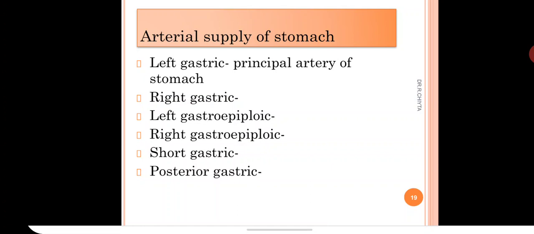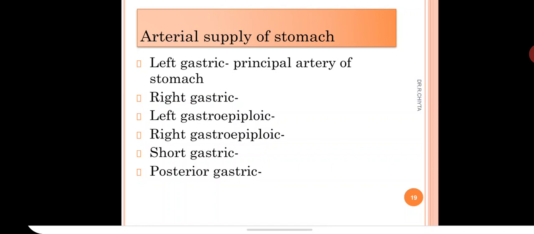The following arteries supply the stomach: left gastric, right gastric, left gastroepiploic, right gastroepiploic, short gastric, posterior gastric. So in this, the principal artery of the stomach is the left gastric artery, which supplies about two-thirds of the stomach.